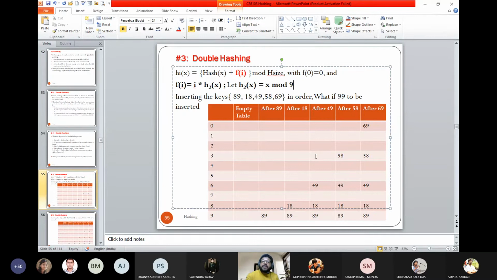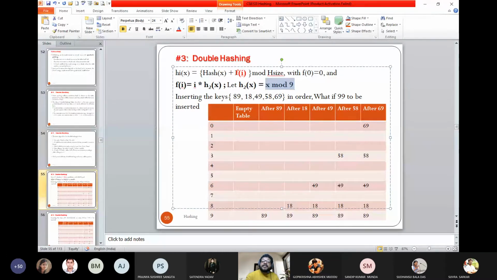Suppose I operate with x mod 9. x mod 9 will give me 4, and I'll use f of i as i, that is, the first attempt. So 1 multiplied by 4 is 4.